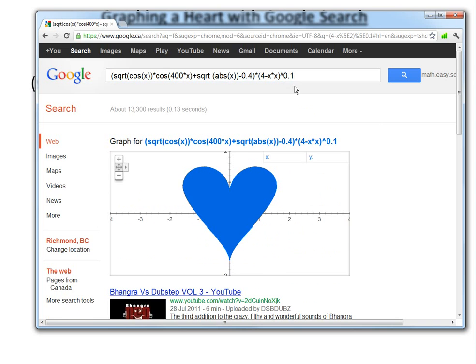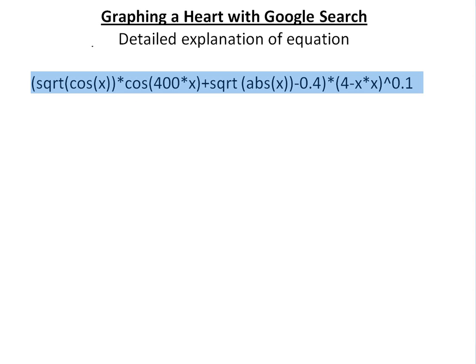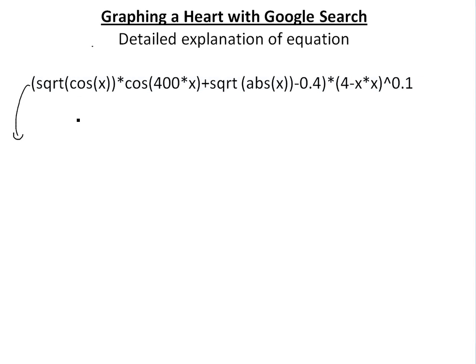So I'll go through a brief explanation of some of the terms in this equation. Let's write it down in a neater way instead of just written out like this.